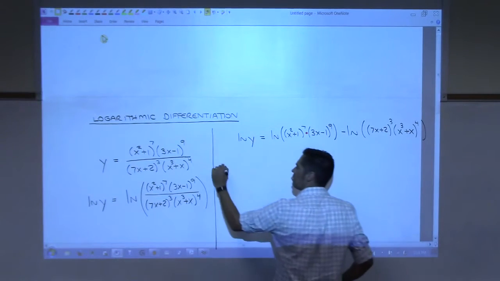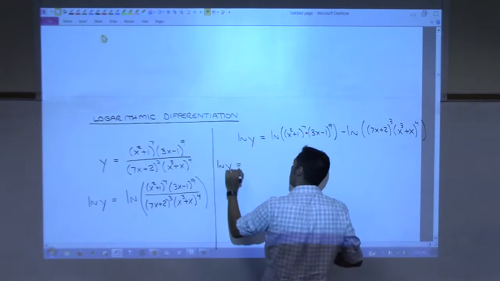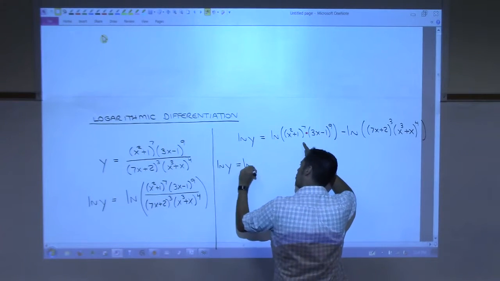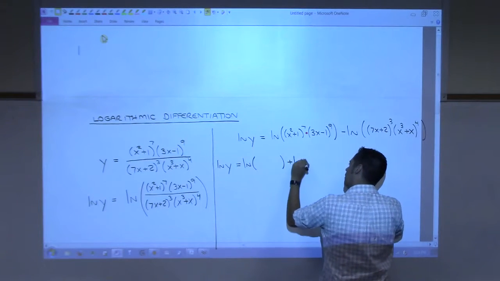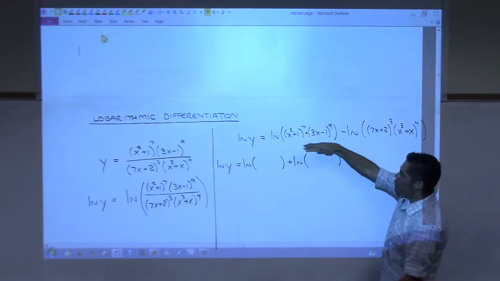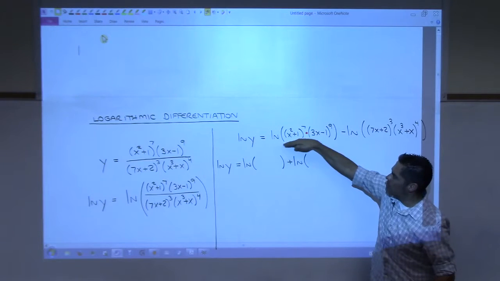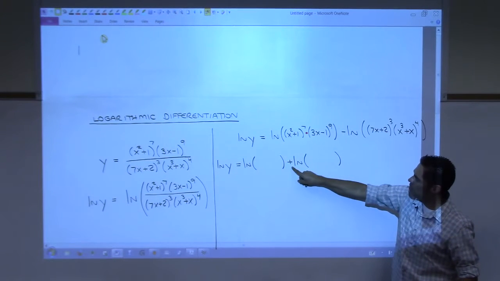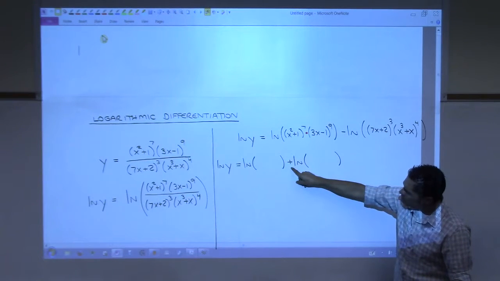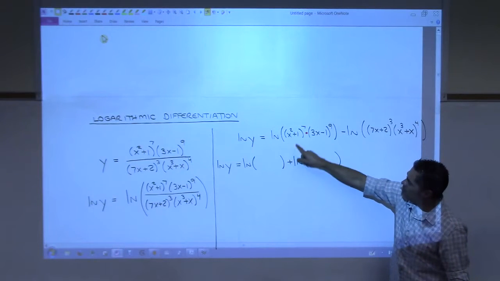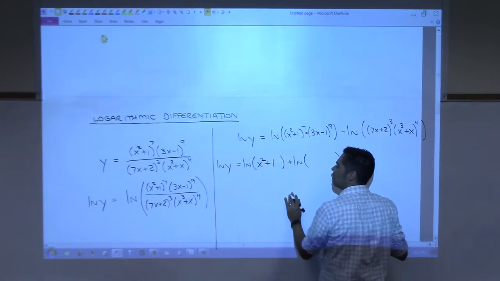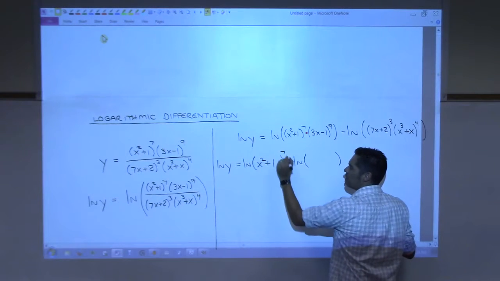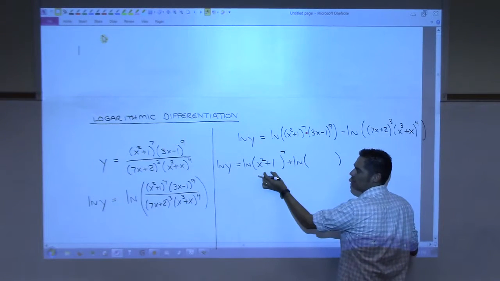So my left side is still natural log y, but this is going to be two new logs with addition between them. Okay, so I'm just working with this right here. This is going to become this one and this one, addition. Why is it addition? Because it's multiplication. Okay, so this one gets x squared plus 1 to the 7th. And I can actually put that 7th out here because it means the same thing.